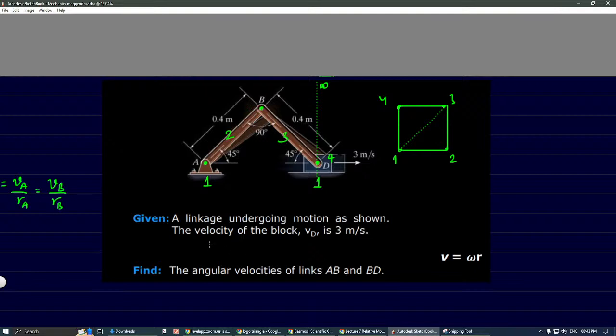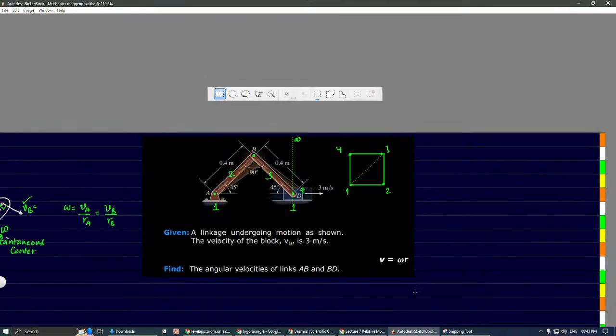Linkage undergoing motion is shown. Velocity of block VD is given. Angular velocities of AB and BD are required. Yeah, so we will need the instantaneous centers of the other two also.